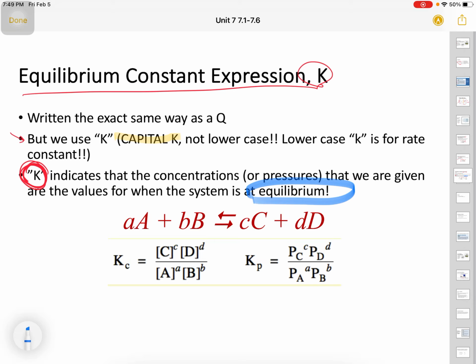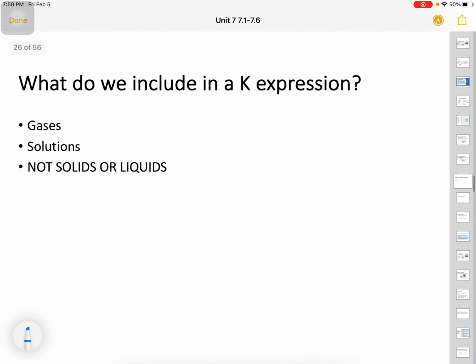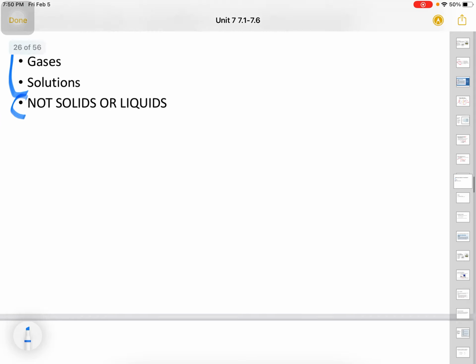So we use K when we know we're dealing with a system at equilibrium. And you can have a concentration-based equilibrium constant or a pressure-based equilibrium constant, just like we had for Q. Same deal with including things that are gases or solutions, excluding things that are solids or liquids.